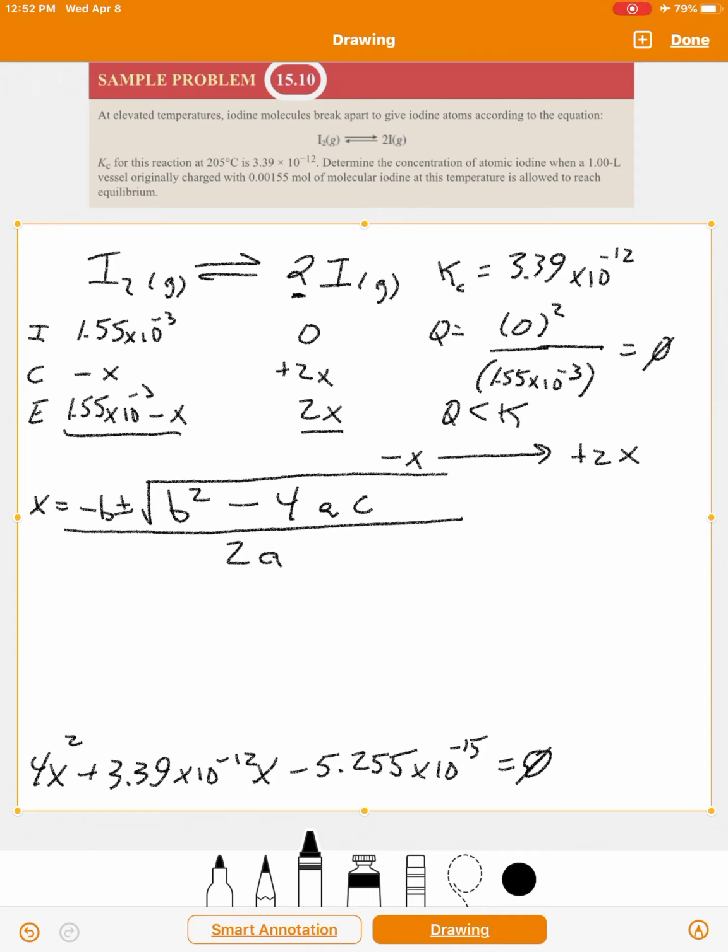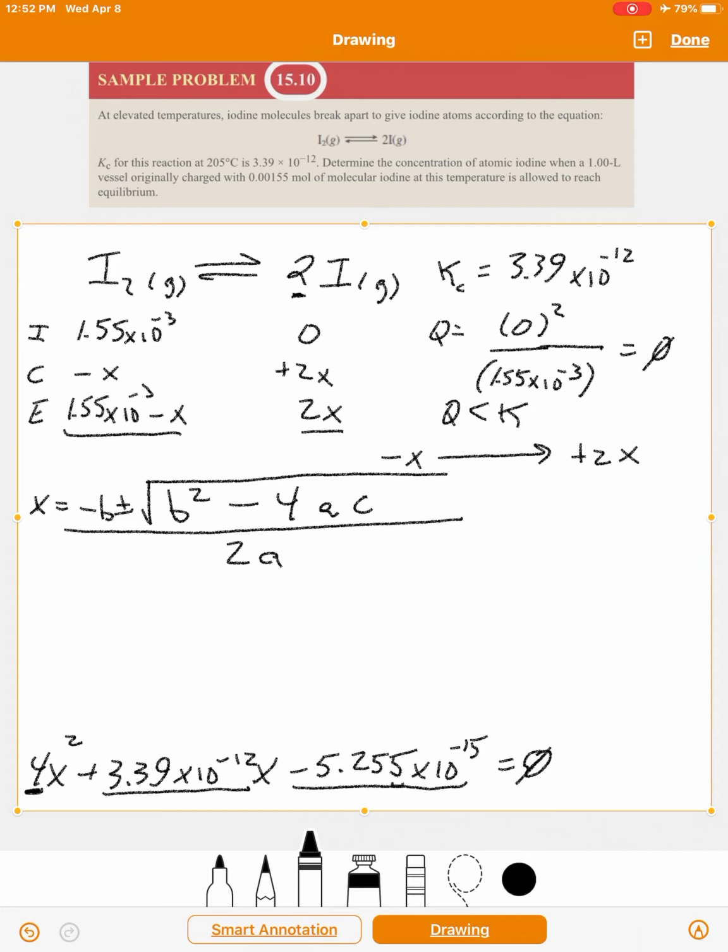Okay. So our a is 4. Our b is 3.39 times 10 to the minus 12. And our c is negative 5.255 times 10 to the minus 15.